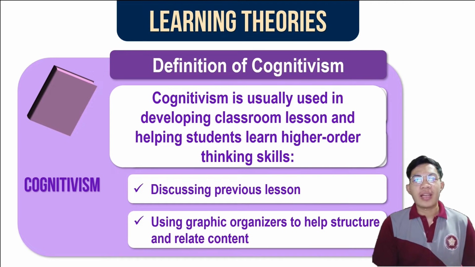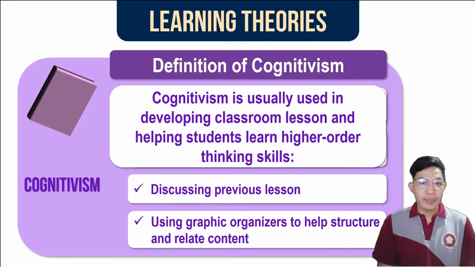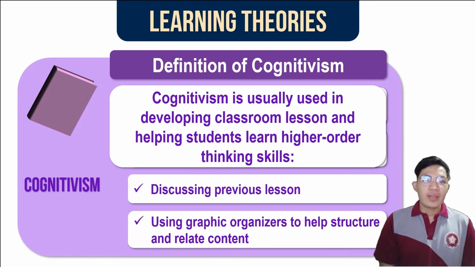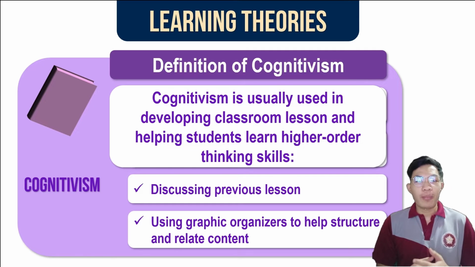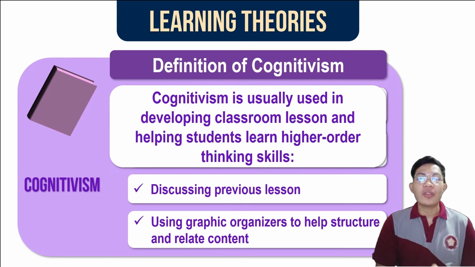This is important because retention is important to create a schema in the mind of the learners. And lastly, using graphic organizers to help structure and relate content. Graphic organizers help the students visualize and construct ideas.